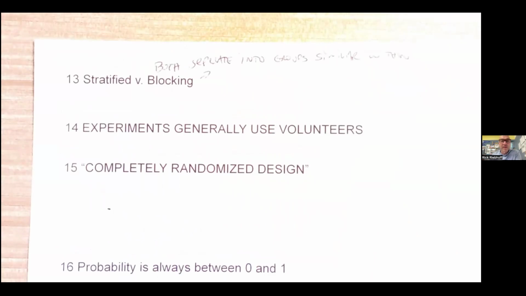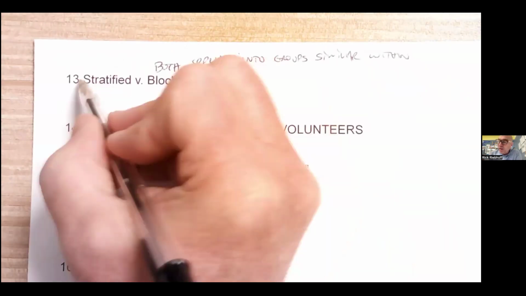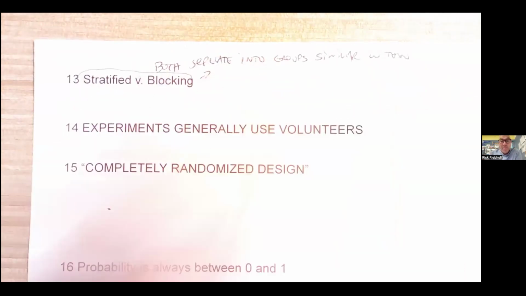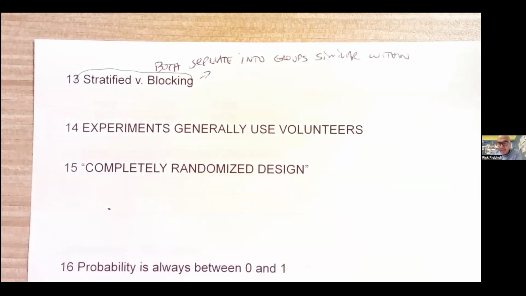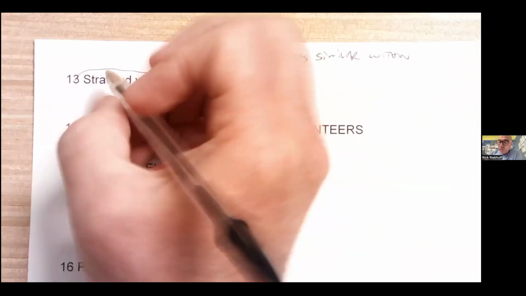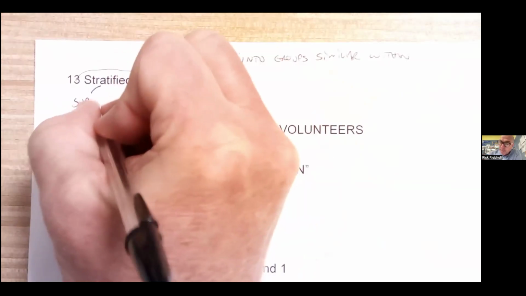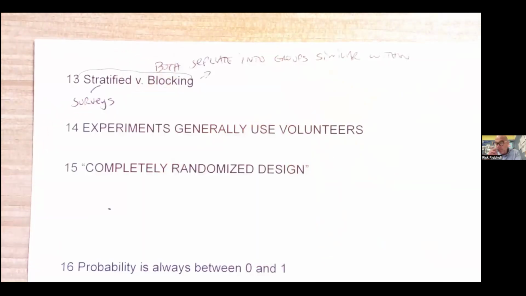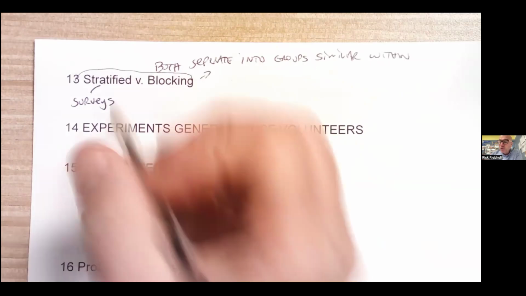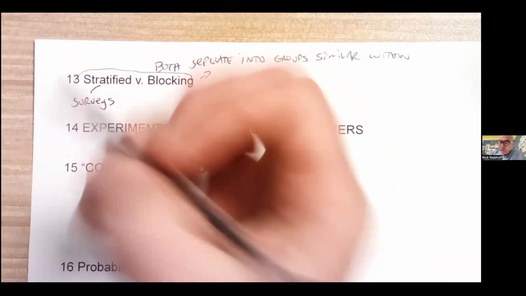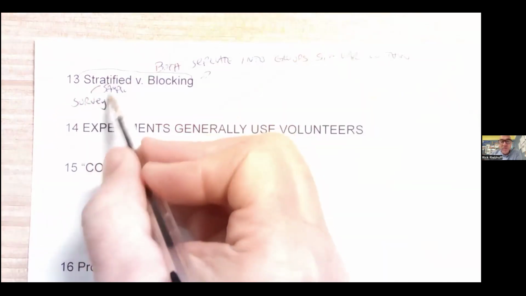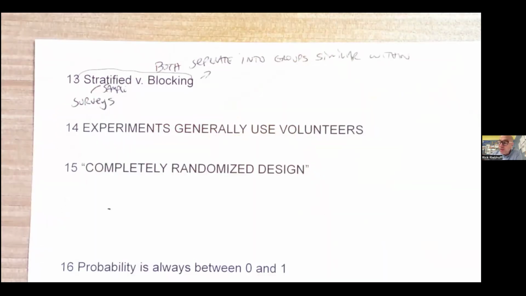Okay, so both stratified and blocking separate something into groups that are similar, right? Stratified is for surveys, though. If I'm asking prior year students what their favorite lunch is, and I want to make sure I get freshmen, sophomores, juniors, and seniors in it, I would stratify that sample. So this is a sample, right? So it's a sampling method, usually done with surveys, right?